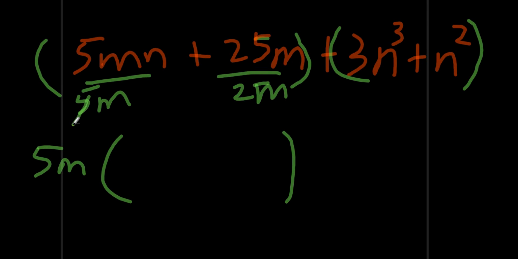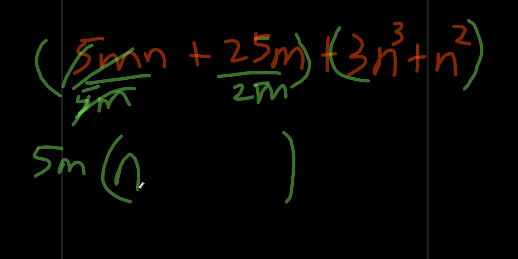So 5 in itself goes one time, m cancels m, and so we only have n. If we multiply 5m times n, it gives us back 5mn. You can always use the reverse of factorization, which is the distributive property, to bring you back to the original state of the problem.